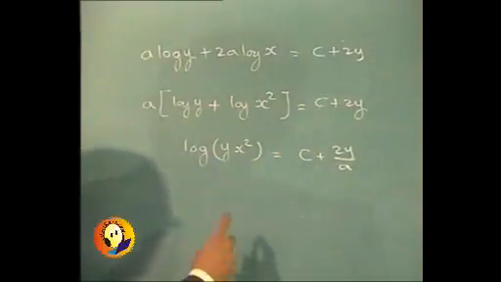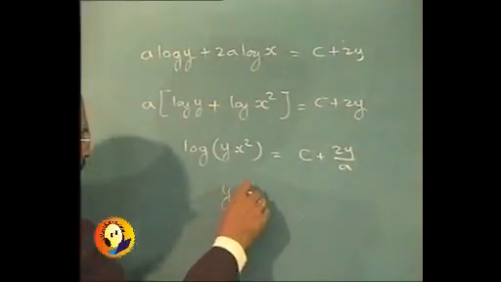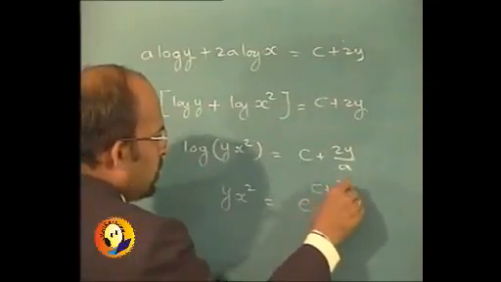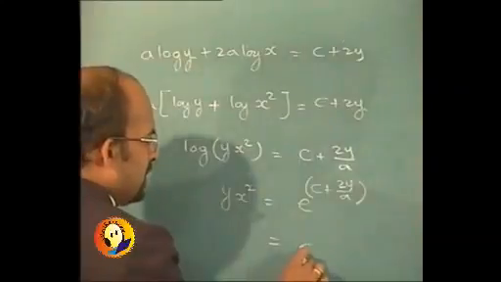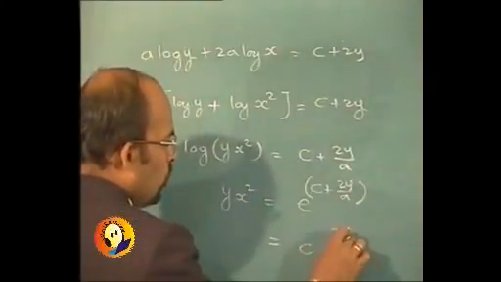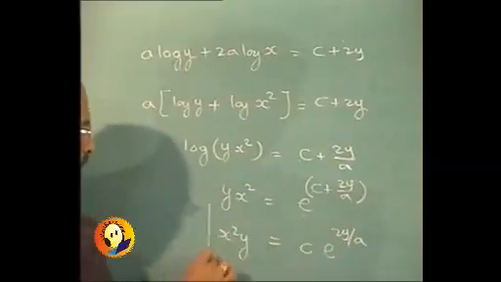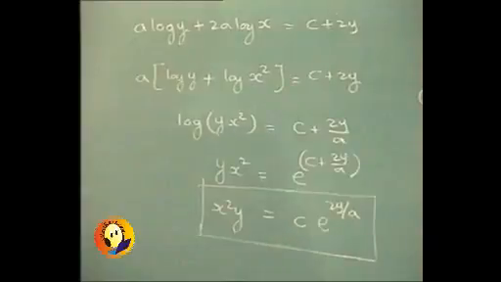And then raising both sides to power e, we will get it as yx square equal to e raised to c plus 2y upon a, which can simply be written as c e raised to 2y upon a. Left hand side is x square y, which is the simplified solution of problem number 2.